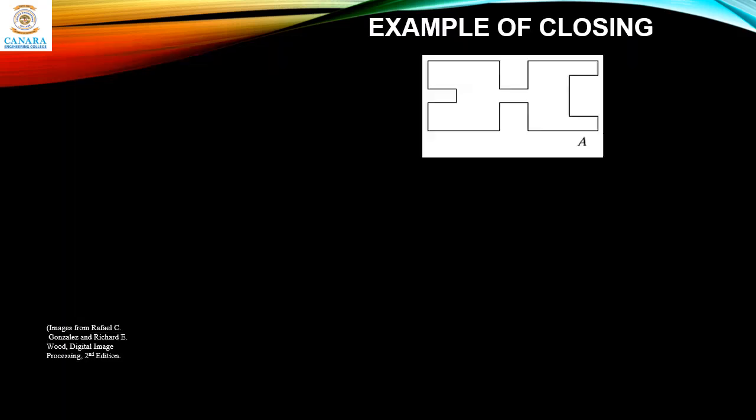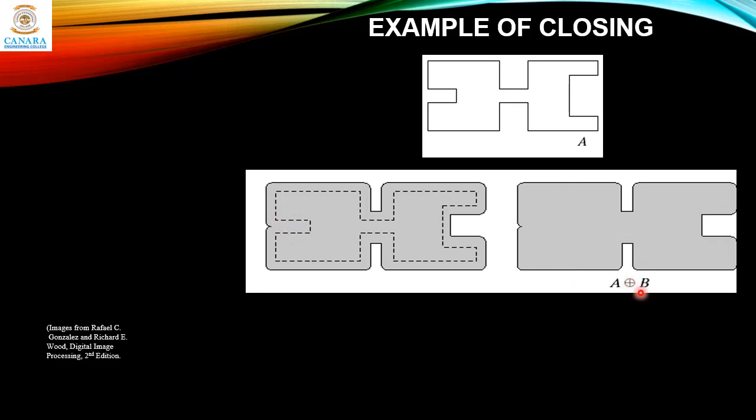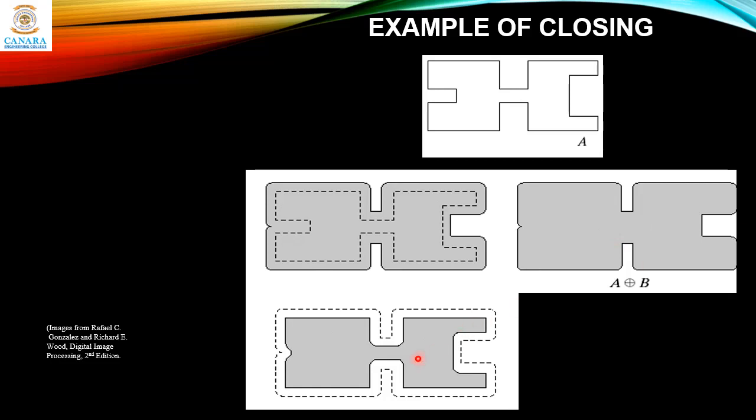One more example of closing. So the same object that we saw for opening example. Now the first thing when we perform closing is to do the dilation operation. So dilation extends the borders or expands the object. So you can see this bridge has been widened here, and this opening part has been closed or shut here after performing dilation. So this is A dilates B. That is the first step in closing, and then we'll perform the erosion part.